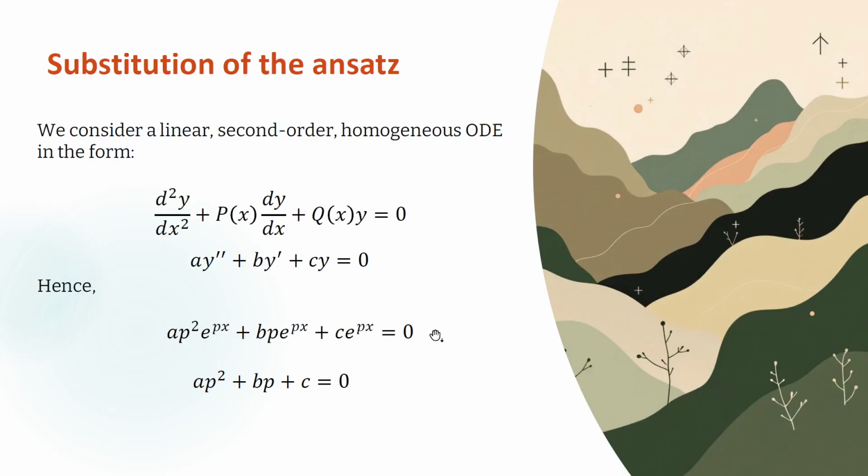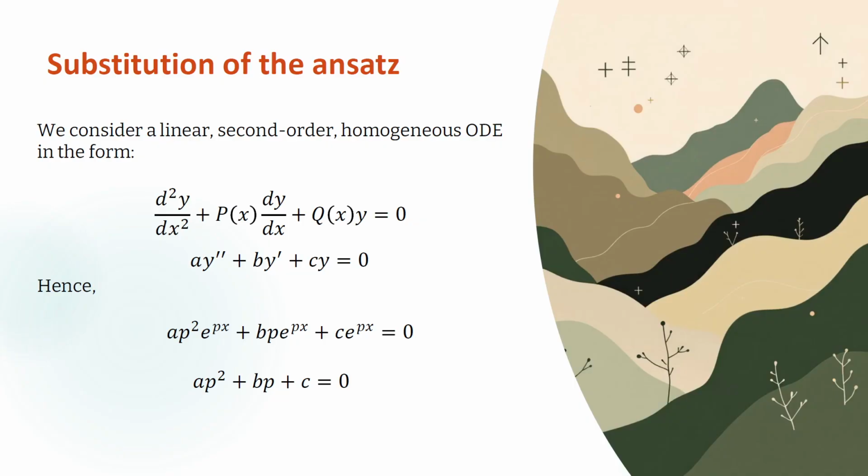We can see a common term in this case, so we can divide both sides by e to the px, so that we are left with a quadratic equation given by ap squared plus bp plus c equals 0. If we want to solve for the roots of this quadratic equation, we have two possible values for p, calculated using the quadratic formula.